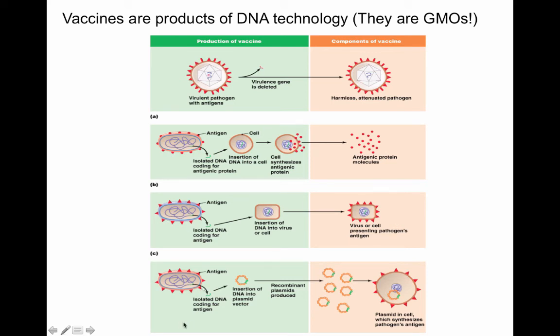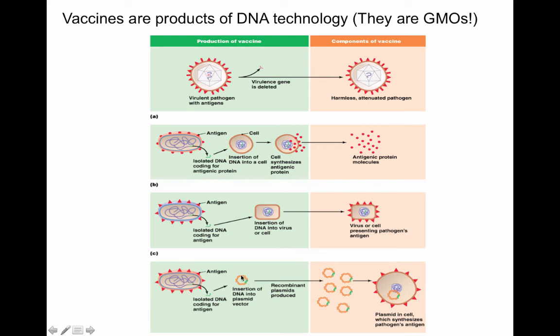All right. And then remember, the final way I want to talk about is a DNA vaccine. We saw this with the example of HIV. HIV is an example of a virus they don't want to take any risks with, right? We don't want to use a weakened, attenuated HIV pathogen. Not going to happen. So what they've tried to do is actually isolate the gene that codes for some of the antigens on the surface of HIV.